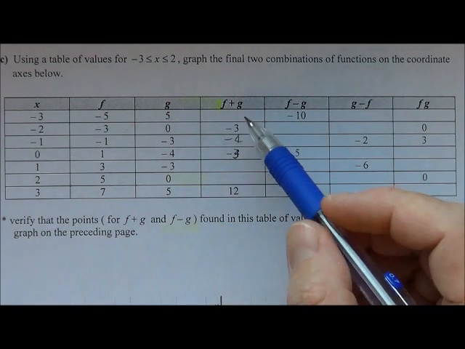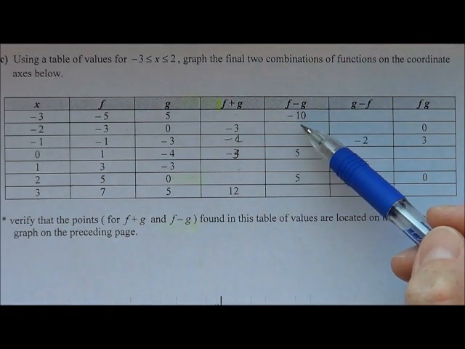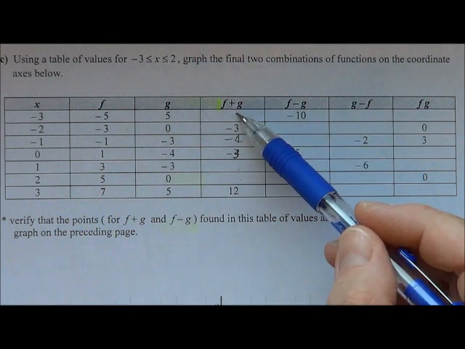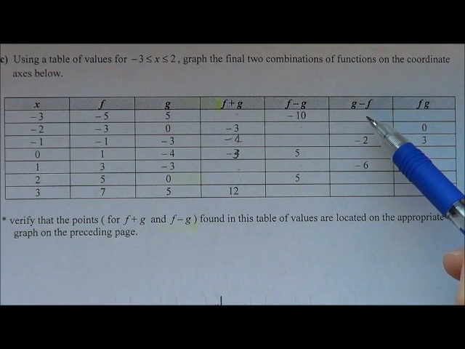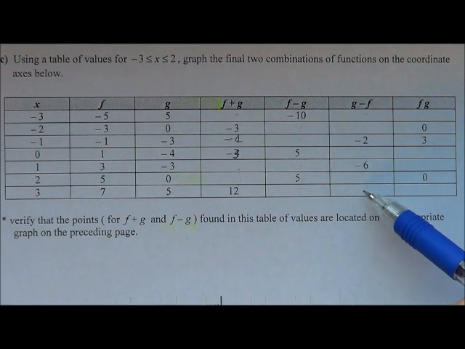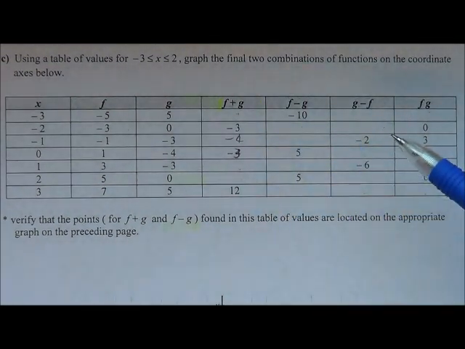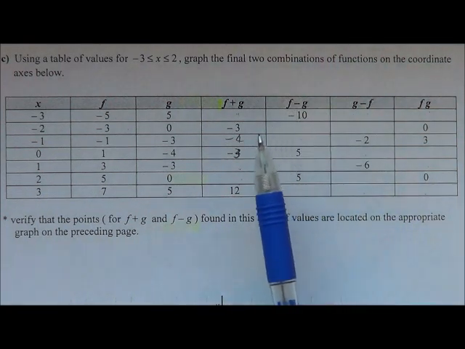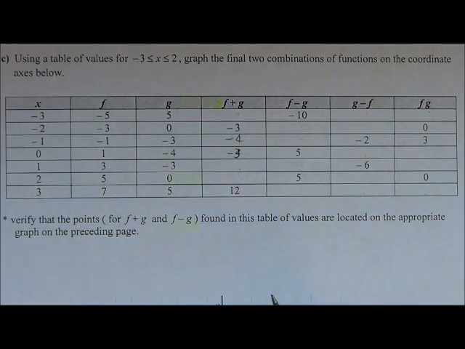Now I'd like you to fill in the f plus g values from these results. Add f plus g, subtract f minus g, then subtract g minus f, and then multiply f times g. Once you have those, can you please verify on the graph that you graphed previously that the points of f plus g and f minus g are the same as what you had graphed before?